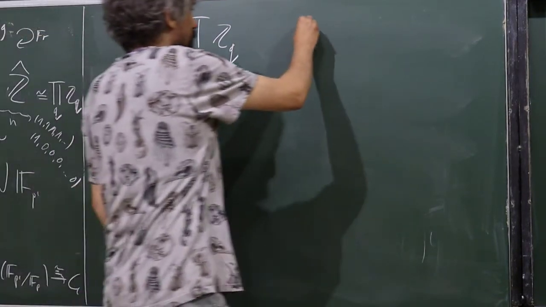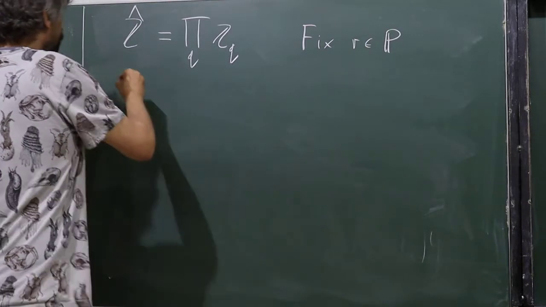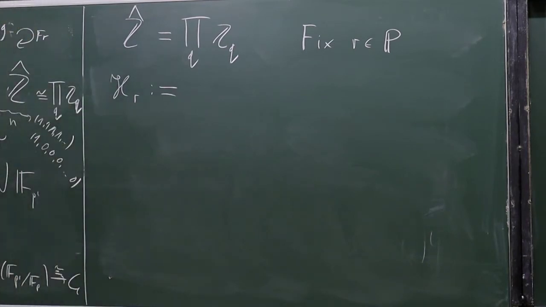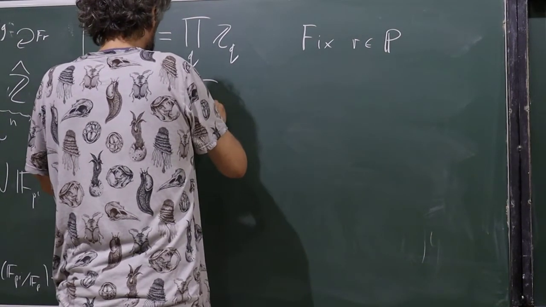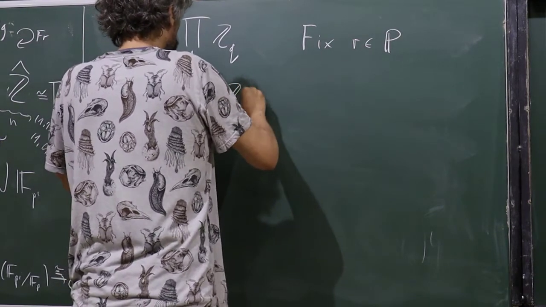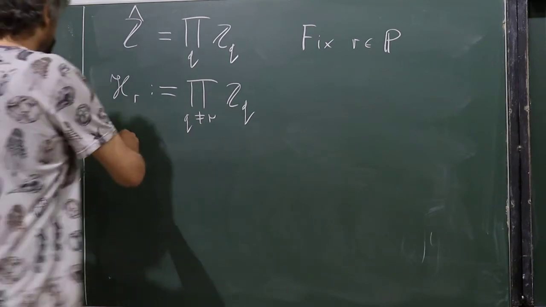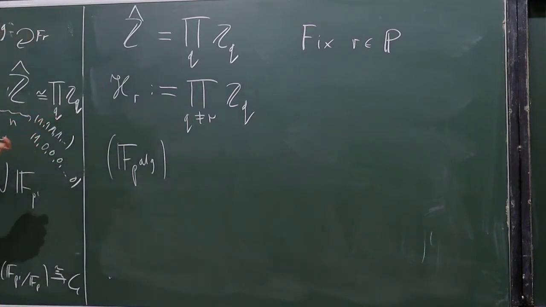Fix r in P and consider H_r. It will just pick this coordinate, which is r. So the other primes are fixed. Now I'm saying that the fixed points are exactly the ones we discussed for r equal 2. This will be this chain.